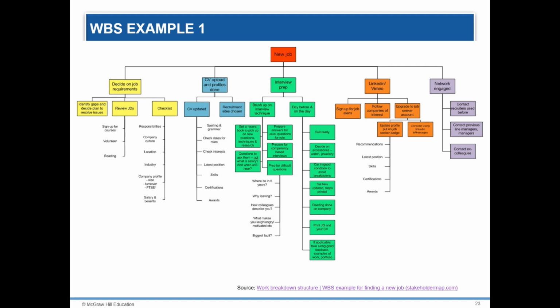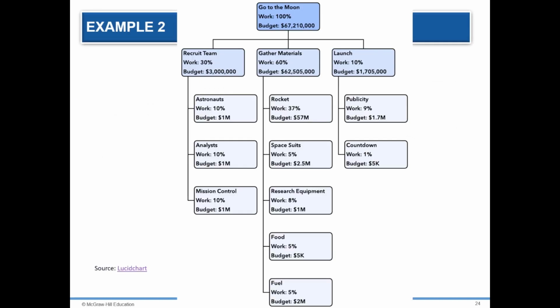This chart gives readers a very clear illustration of what jobs are to be done and what the priorities of the different tasks involved in applying for a new job are. This is a grand example, which is fictional, about going to the moon, and it involves how to budget the WBS, and also involves quite a lot of different proportions that are helping to plan the WBS.